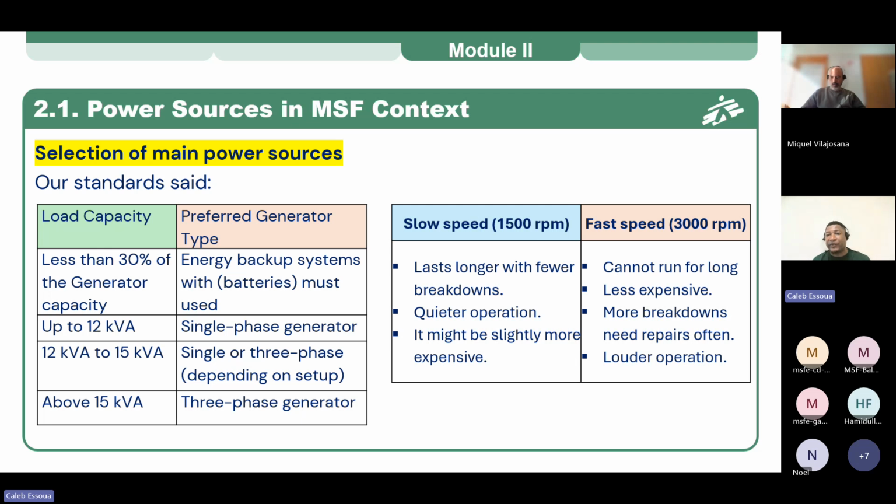So we need this kind of generator to help us power our hospital. So if you are doing your generator sizing, the thing you have to keep in mind is that this hospital will run 24 hours. So I will need this generator to work for me. It will work like 12 hours, and the backup also will work like 12 hours, and then we can balance.